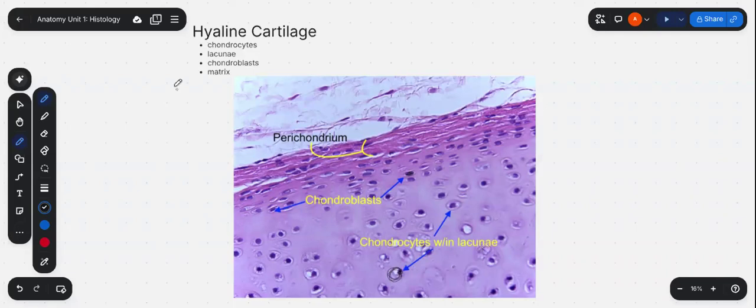The next thing is the matrix. The matrix is literally just referring to this whole region of the hyaline cartilage. So, the portion where you can see the difference between the chondroblasts and chondrocytes, that is considered to be the matrix because it shows the evolution of the cell from immature to mature.